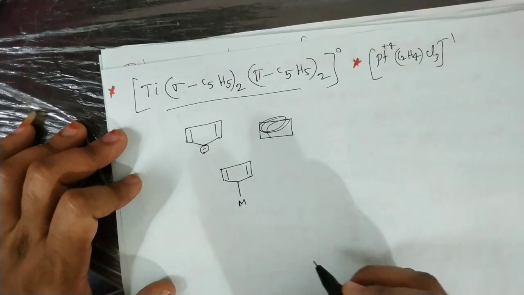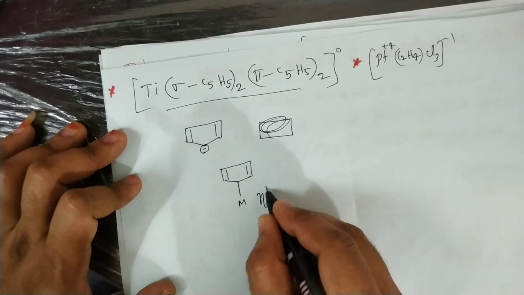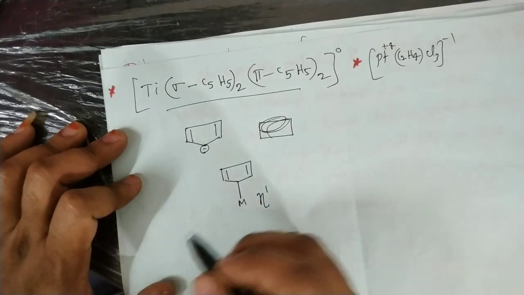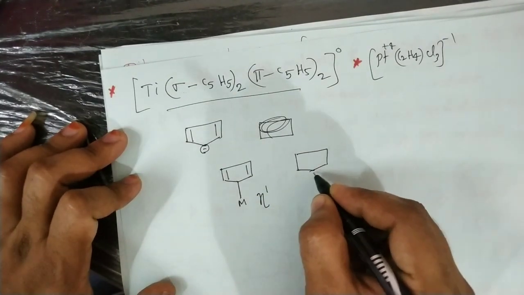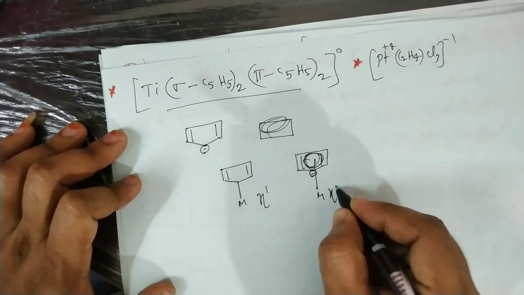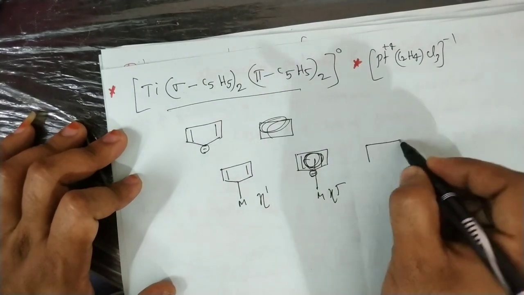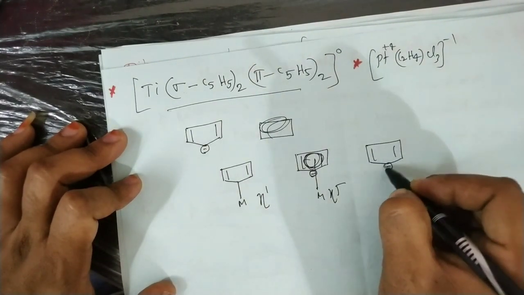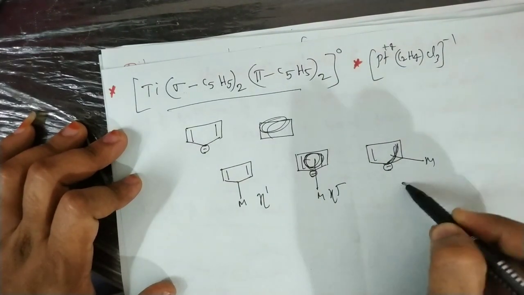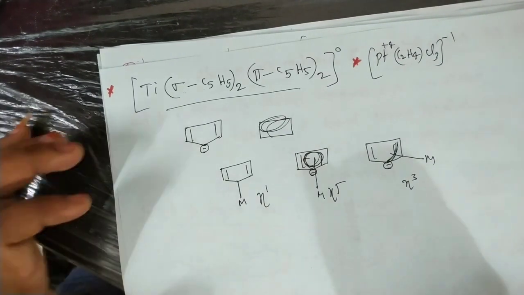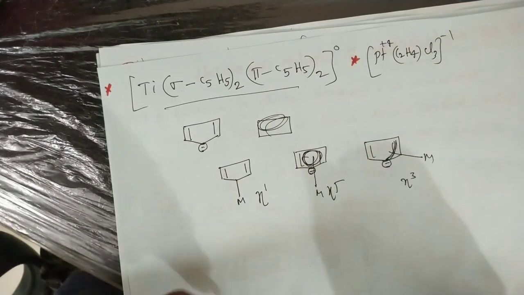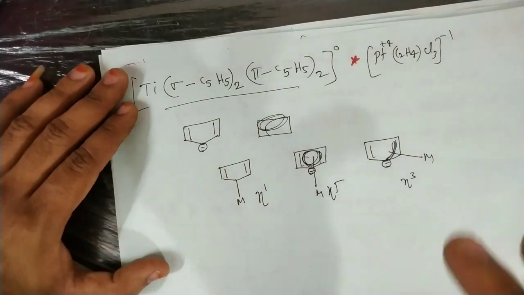If this carbon is bonding with the metal, then hapticity is 1, because only one carbon is directly involved in bonding. But in ferrocene all 5 carbons are involved in bonding, so hapticity 5. Or hapticity 3 is also possible for this cyclopentadienyl anion, if 3 carbons are involved in bonding. So for cyclopentadienyl, hapticity may be 1, 3, or 5. Okay, there is a possibility.